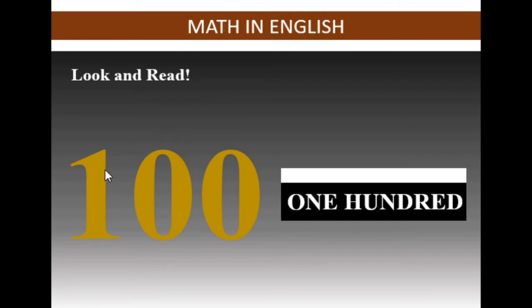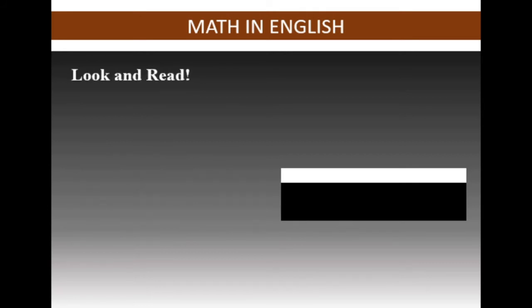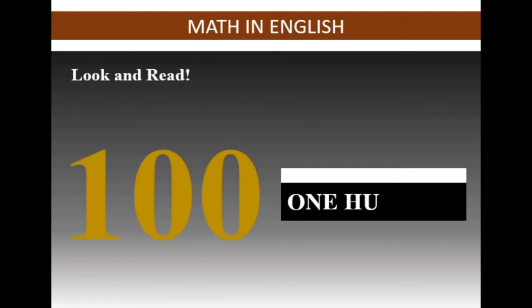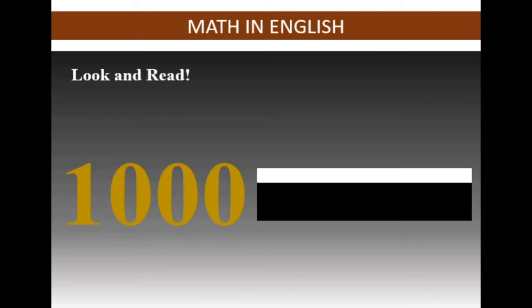Alright. If this one is 2, you could say how? 200, and so forth. Next. Supposing we are done with the hundreds, we're going to have this one. What number is this?